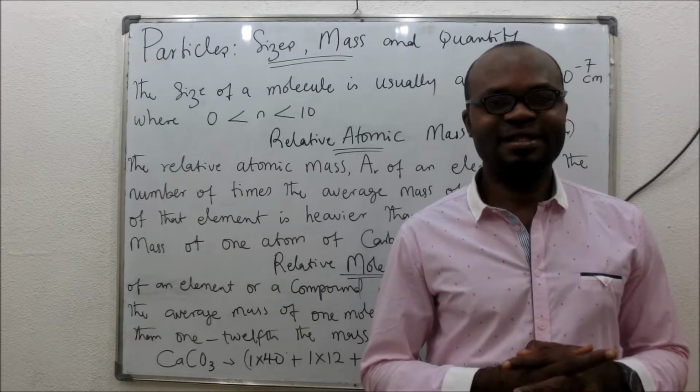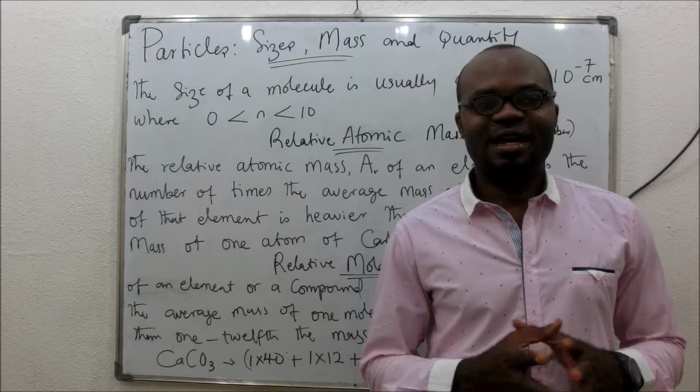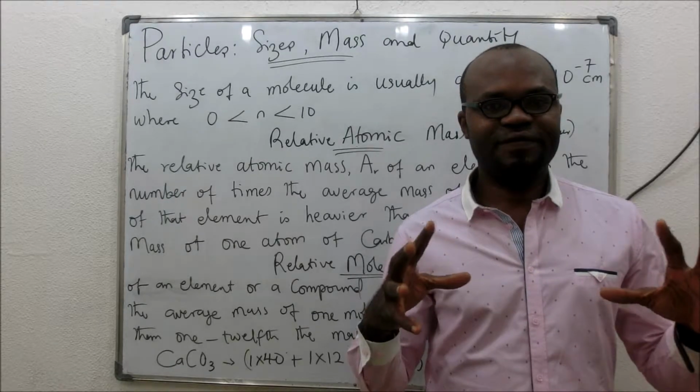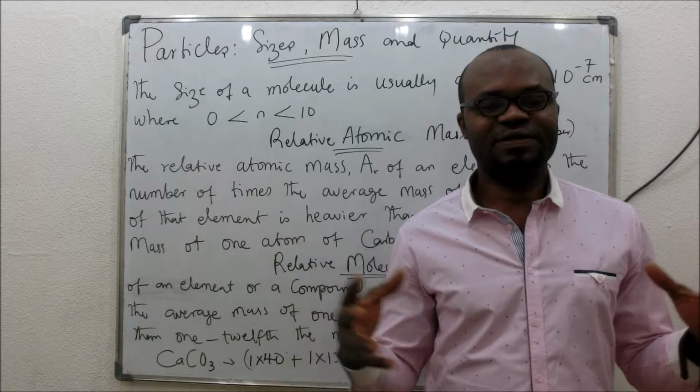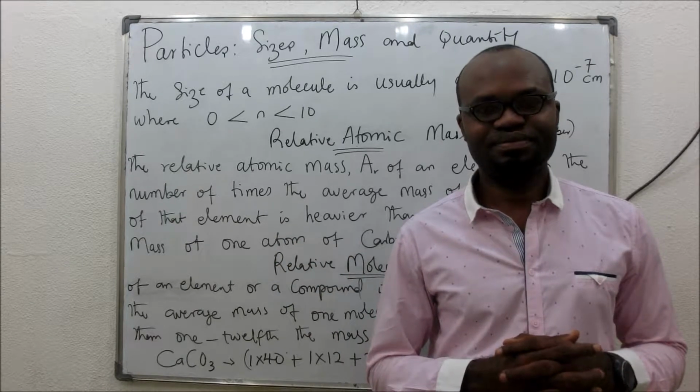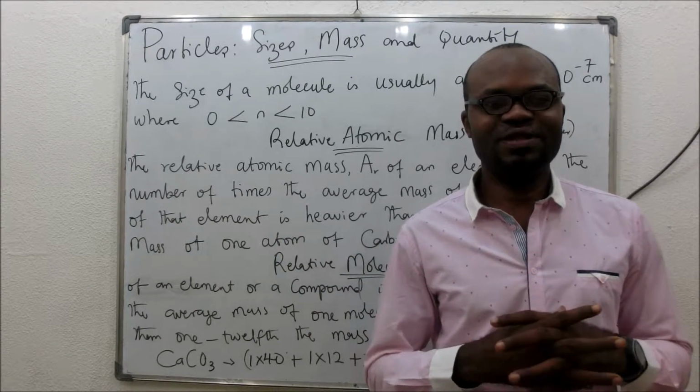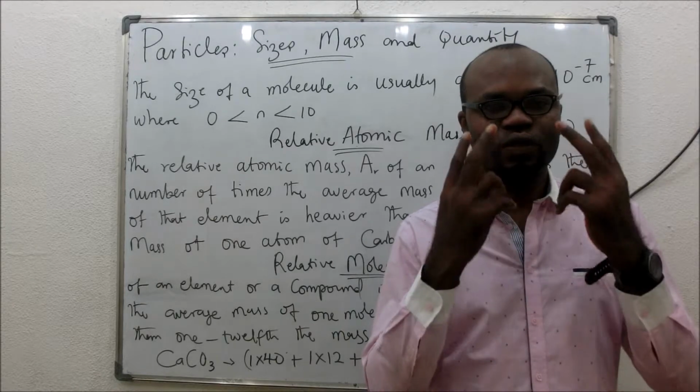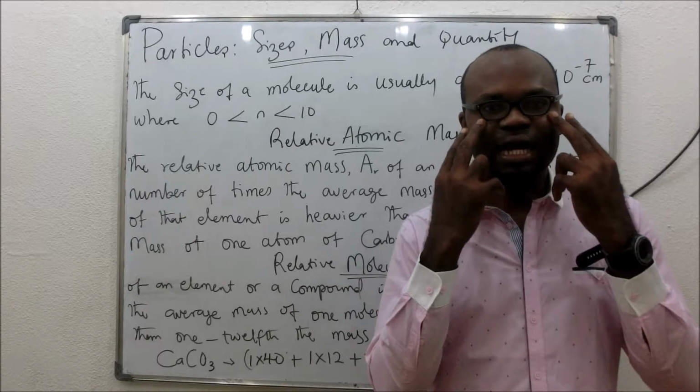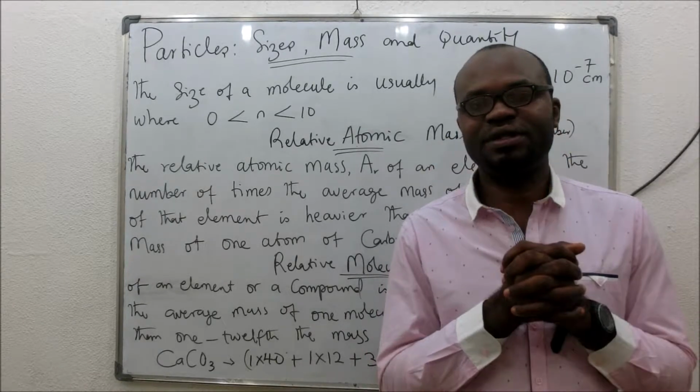Over the years, scientists have been trying to find out the size of molecules or atoms, though it is still not possible to see the size of a molecule with the eye.